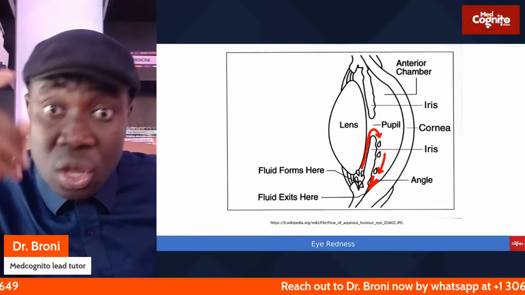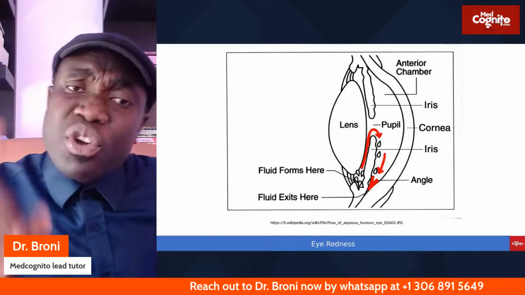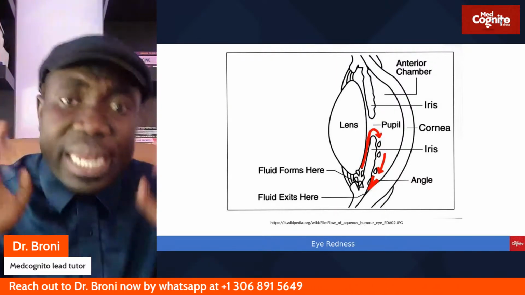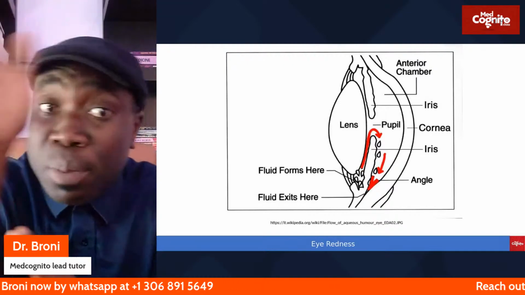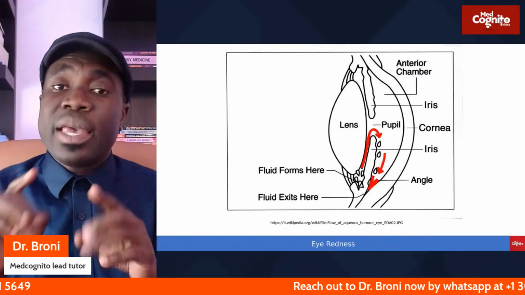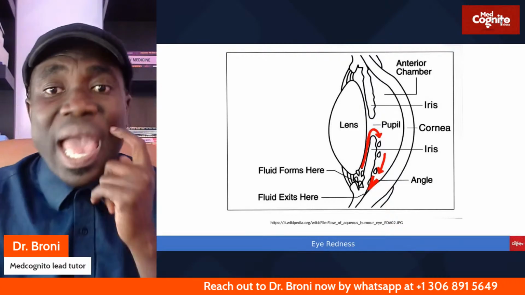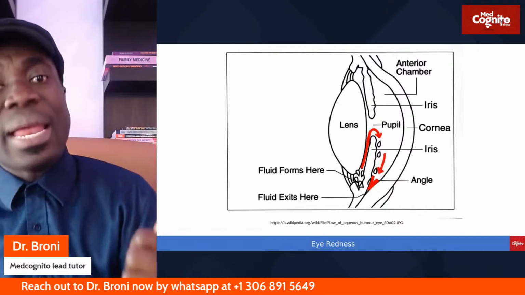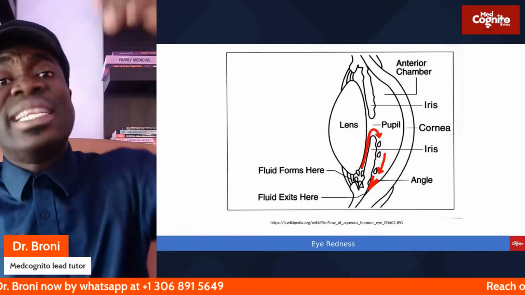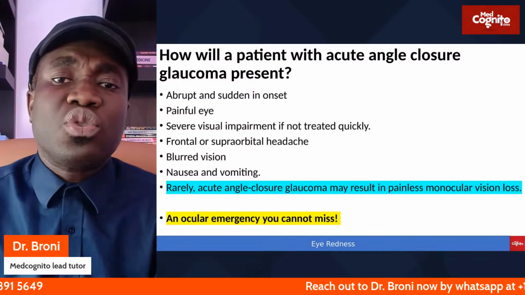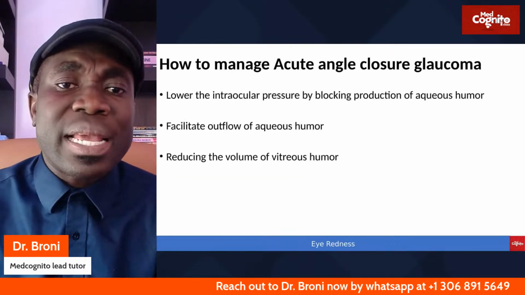Number two, you may be producing normal aqueous humor and draining, but the path may be blocked. And the last point, you may be producing normally and the path may be normal, but the drainage may also have a problem.